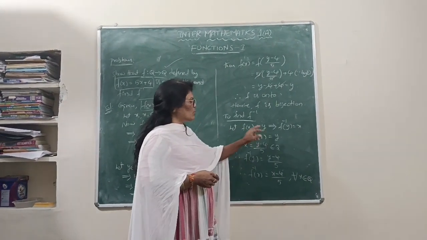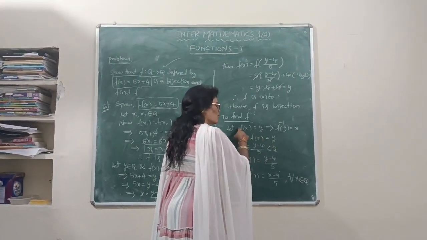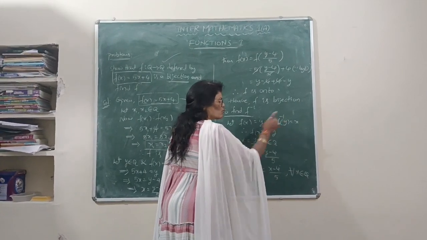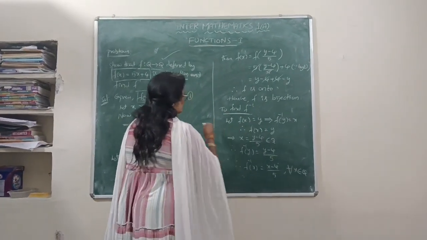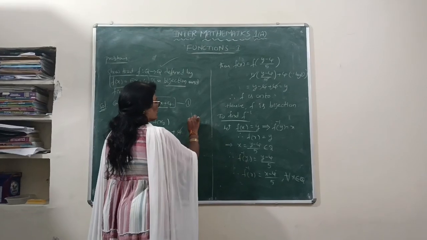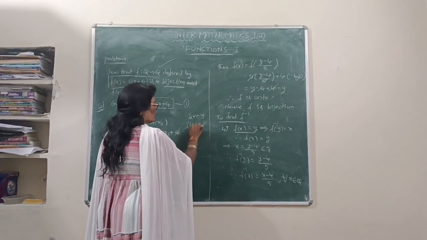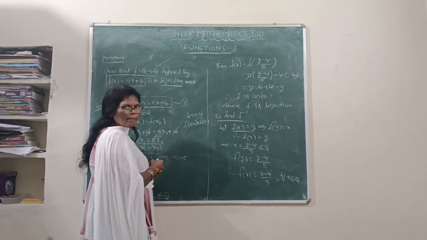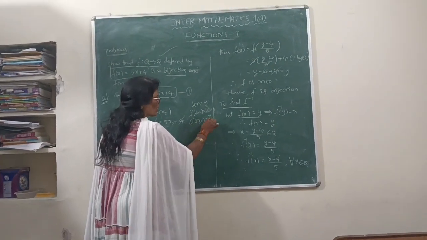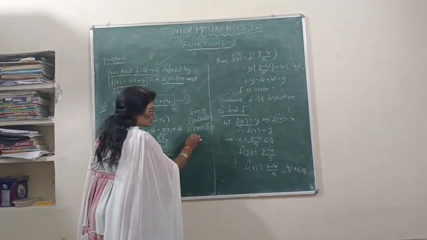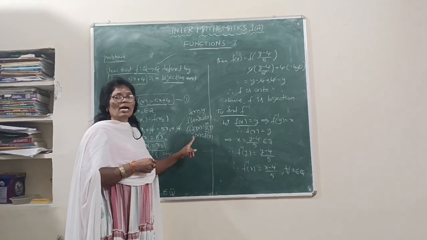Let f of x equal to y. Then from f of x equal to y, taking f inverse on both sides, we get f inverse of f of x is equal to f inverse of y. f inverse of f is nothing but identity.